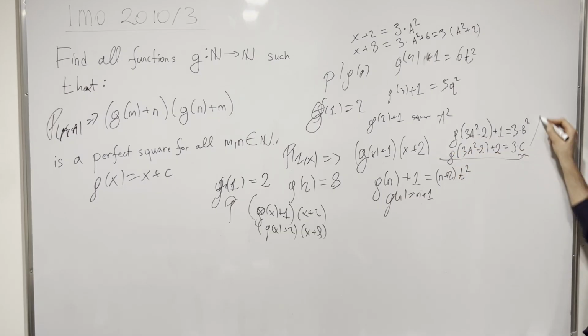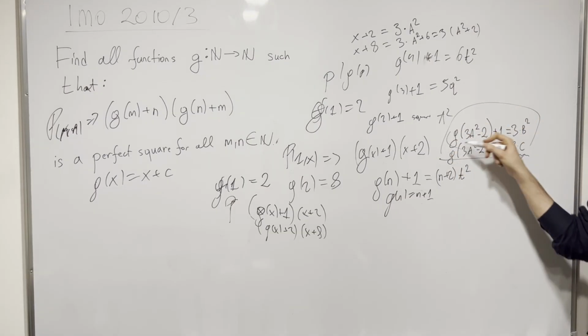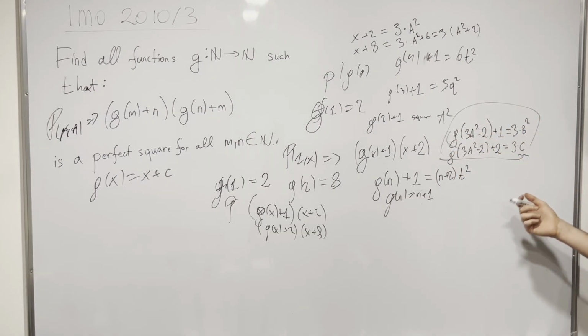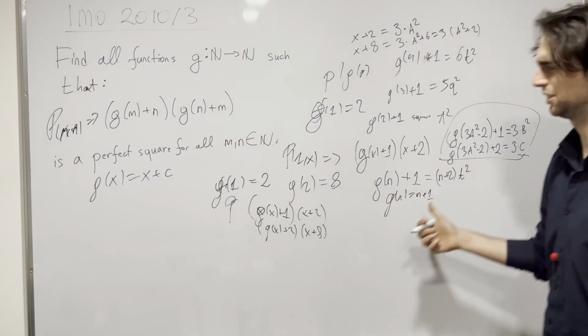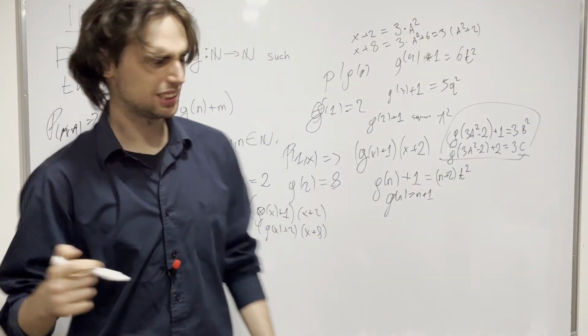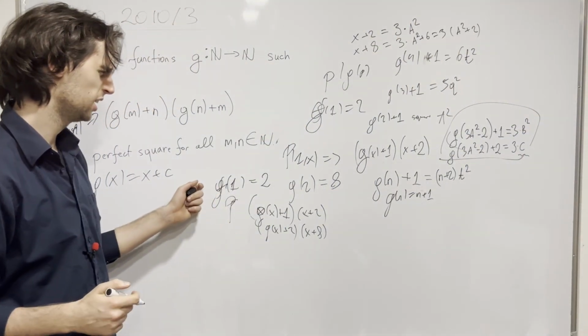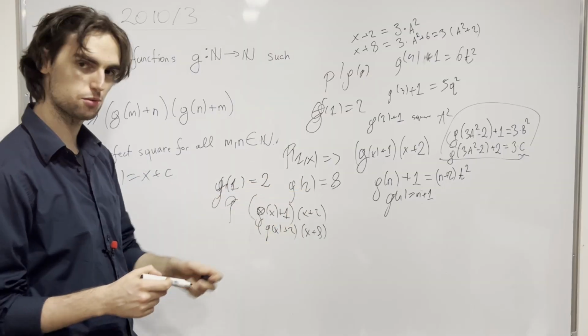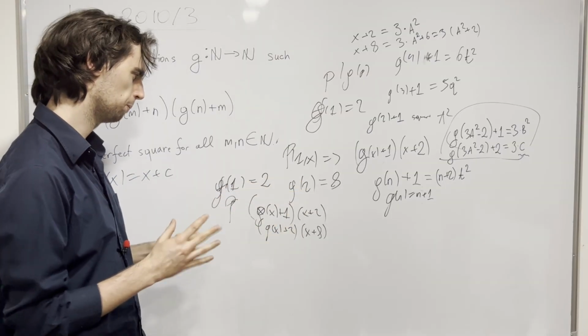But this obviously can't be the case because these two can't both be divisible by 3. They're relatively prime. And that's a contradiction. So this is how we're getting a contradiction if g of 2 isn't 3 and g of 1 is 2.